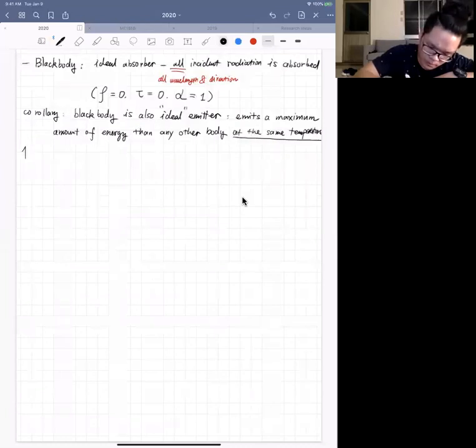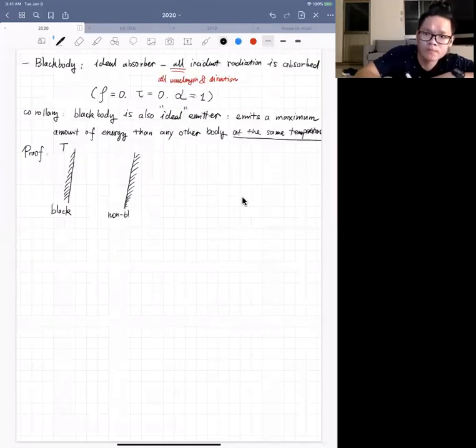Let's just give a very simple proof, in case you don't believe it. Let's say you have two surfaces. One of them is black, at temperature T, and the other surface is not black, also at temperature T. So they are at the same temperature.